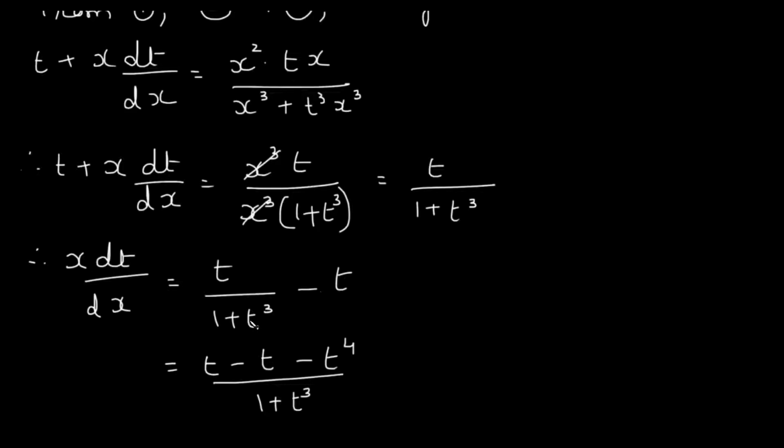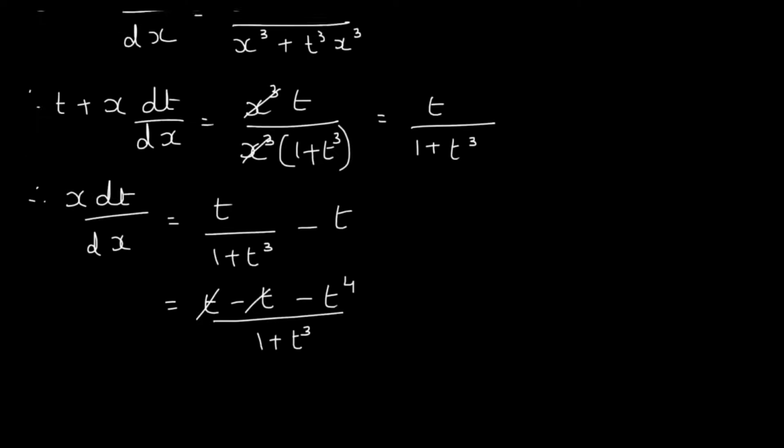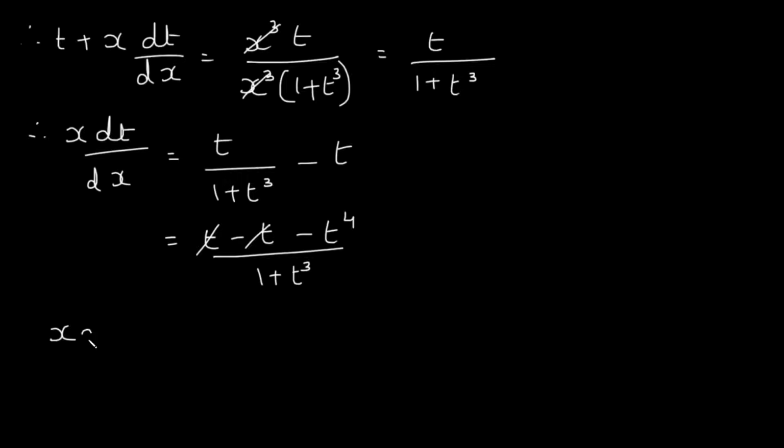Cross multiplication is done over here. Now both the t terms go away, so we end up with x dt upon dx is equal to minus t raised to 4 upon (1 plus t cube). This is what we are getting over here.